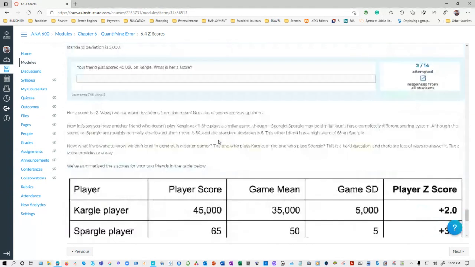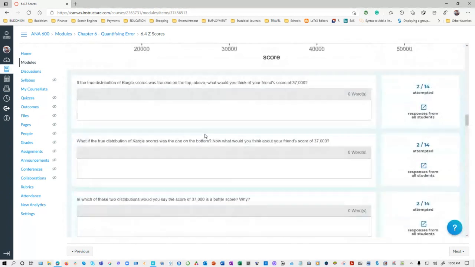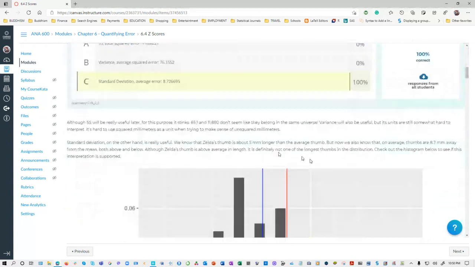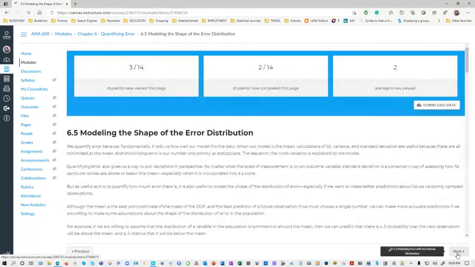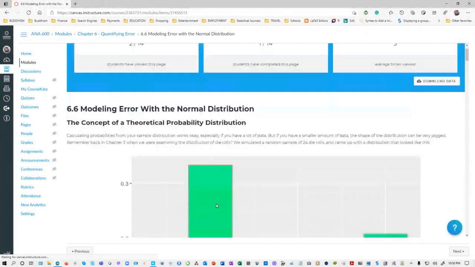Okay, I think I can just start from this page and then add more, and we'll do the rest in another video. And the error distribution, a little bit we can talk about it in detail. Let's see what happened. Okay, good.